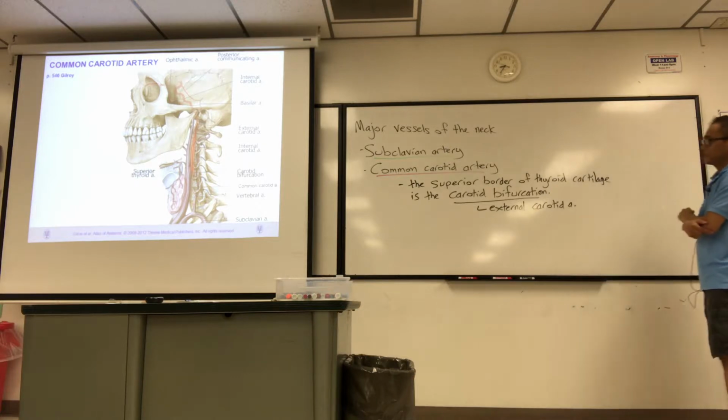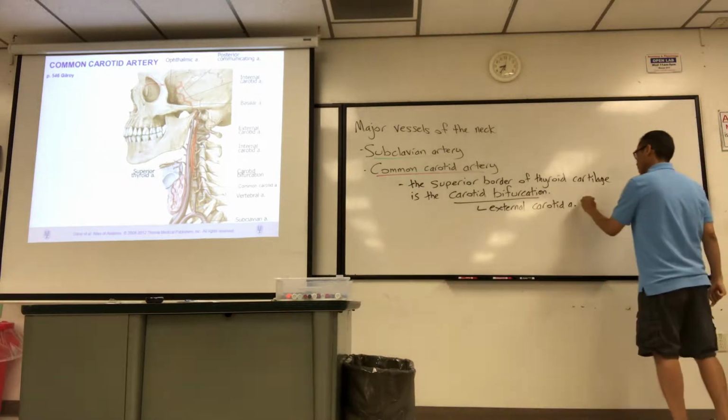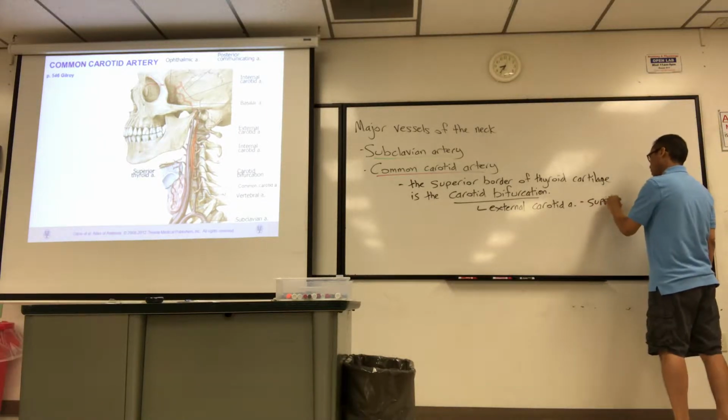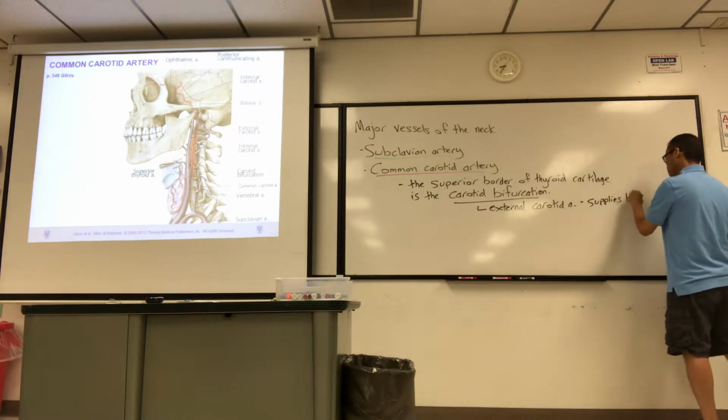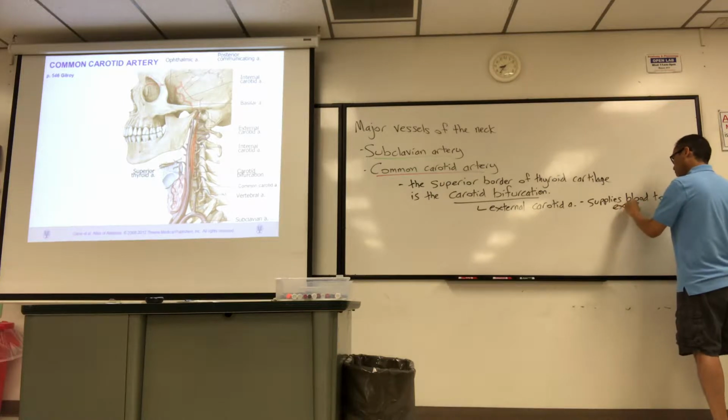This artery, as the name implies, is going to give off branches that supply structures external to the skull. It's not going to go into the brain. Supplies blood to external skull.